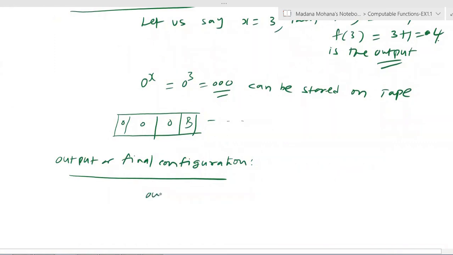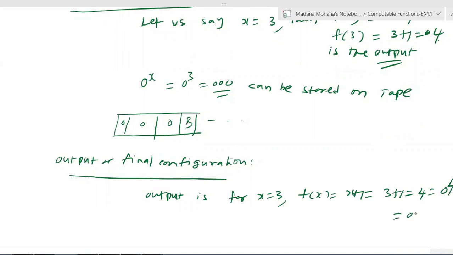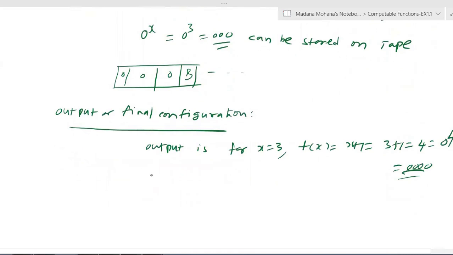So the output for x equal to 3, f of x equal to x plus 1, equal to 3 plus 1 equal to 4, can be represented in the form of 0 power 4, again a unary string, that is 4 zeros. This is the output that can be placed on the tape in the final step of the Turing machine. Here 1, 2, 3, 4, then followed by blanks.